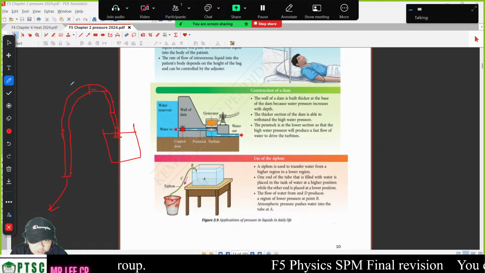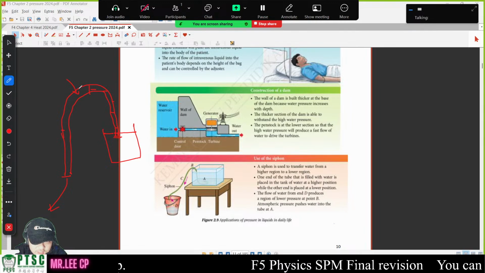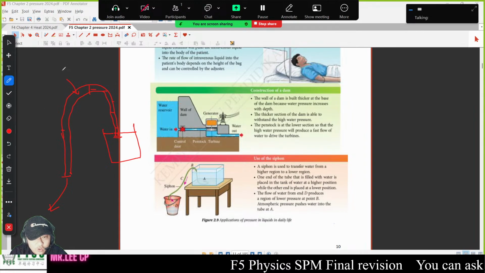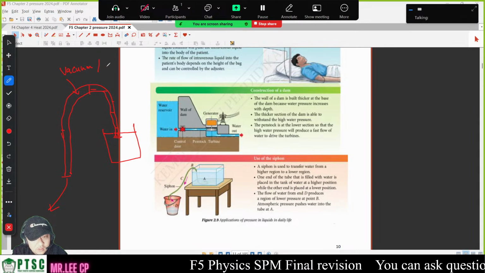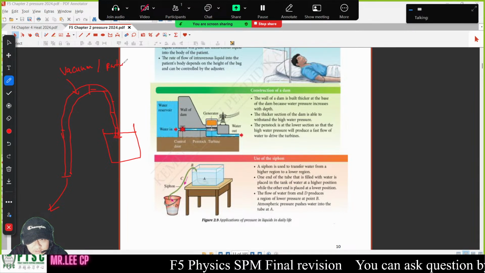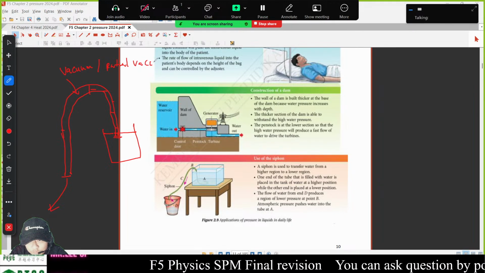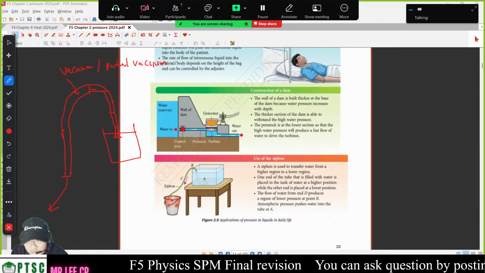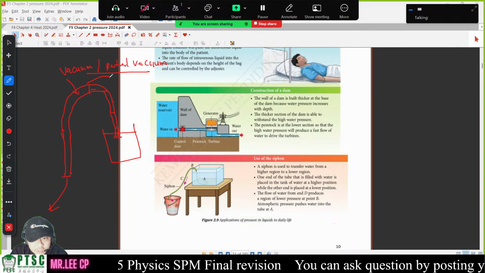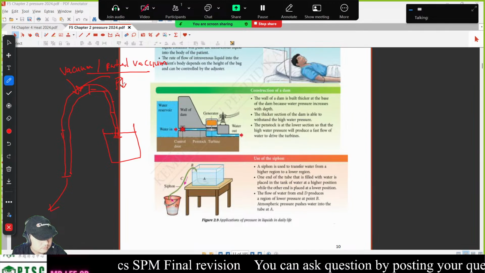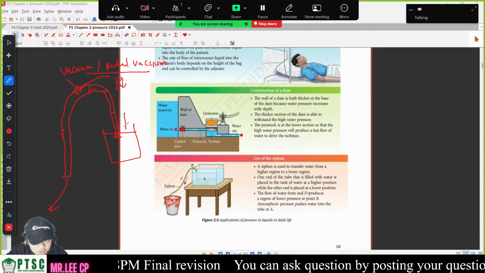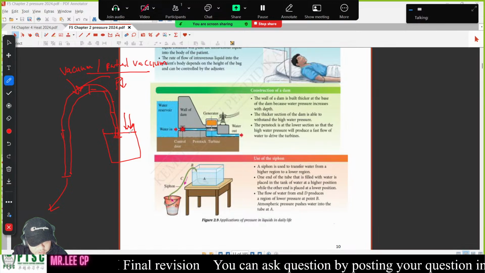Now this part here is empty, so we call it a vacuum or partial vacuum. Partial vacuum means the pressure inside the tube is low. This one is atmospheric pressure.